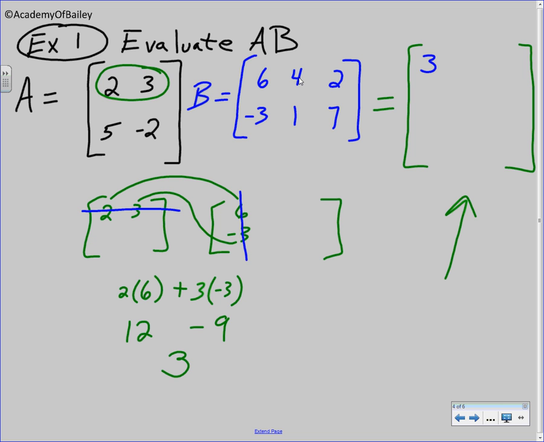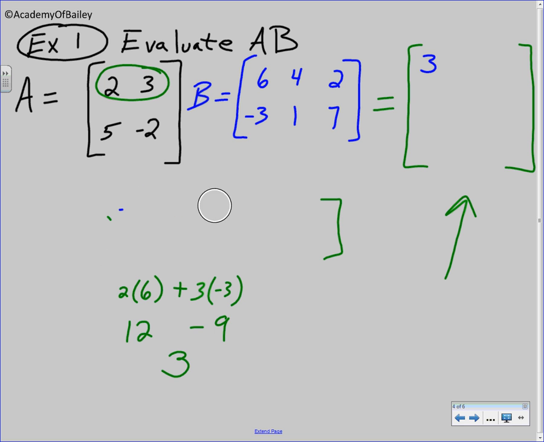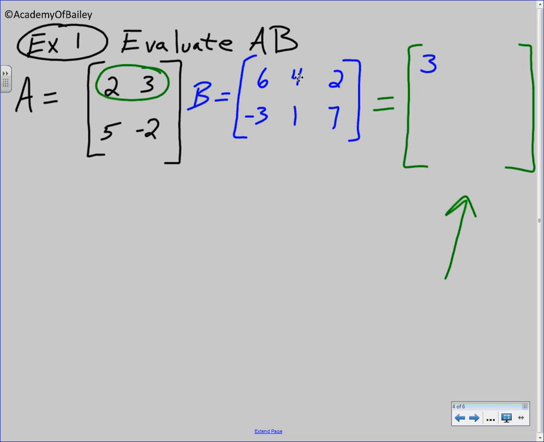Okay, let's do a couple more here, and you can get the idea of kind of a pattern. If you can follow the pattern, I think you'll get it. So we're going to have 2 and 3, and here we have 4 and 1 now.